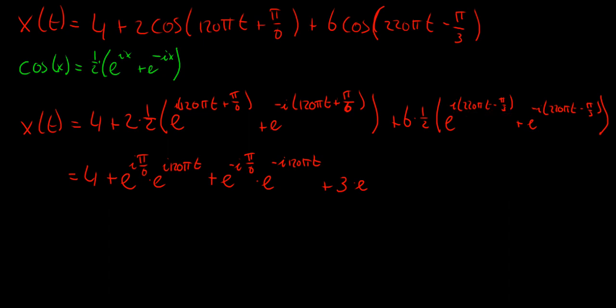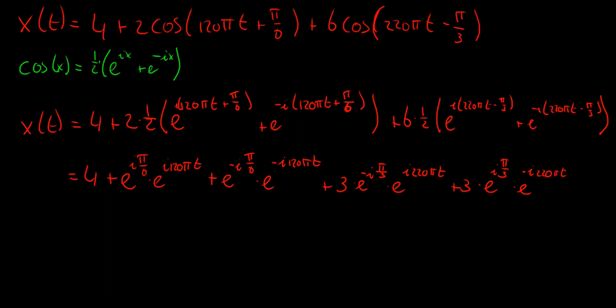So we get minus i pi over 3 times e to the power of i 220 pi t plus 3 times e to the power of i pi over 3 times e to the power i 220 pi t, with a minus in front of it. And this one is a minus here, and this one is not a minus, and that is because pi over 3 in itself had a minus in front of it. So these minuses cancel each other out.